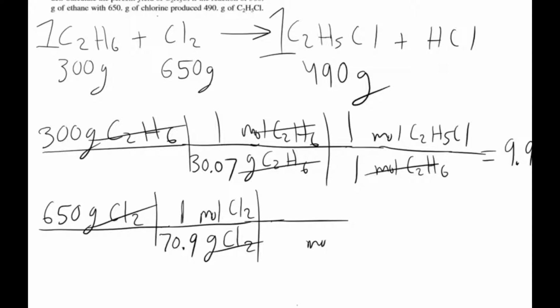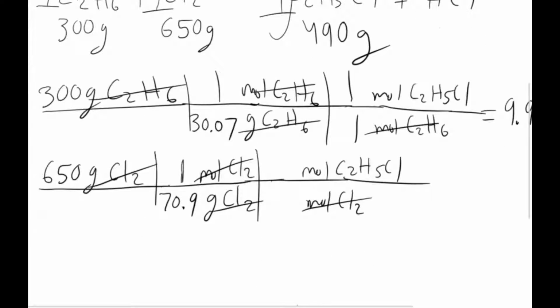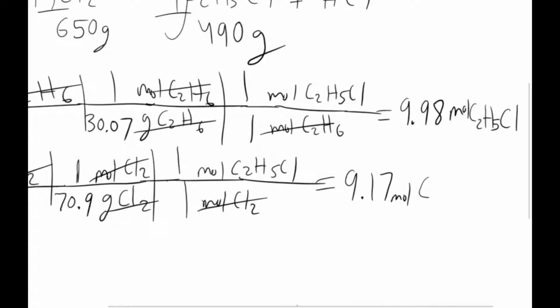Now we're going to put moles of Cl2 down here so we can cancel it out, and moles of the product, C2H5Cl, chloroethane, up there. And this once again is in a 1:1 molar ratio. If we calculate this, we get 9.17 moles of the chloroethane.